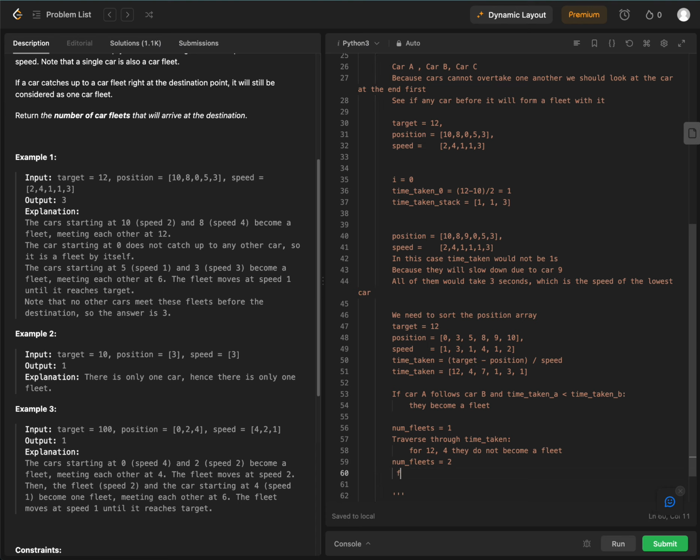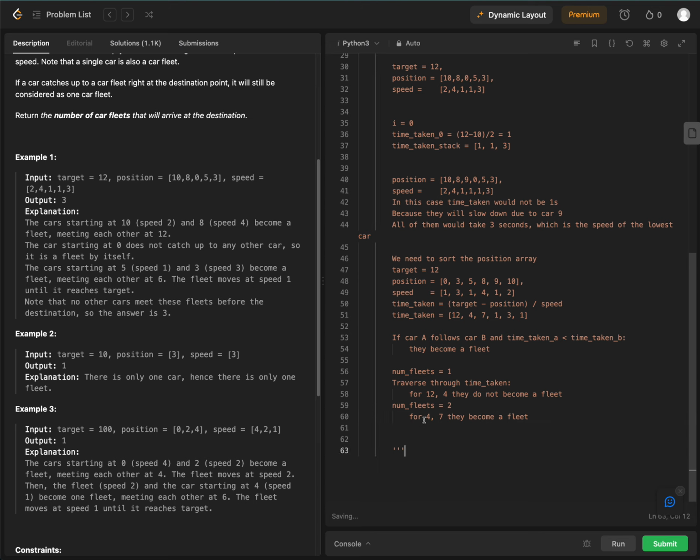So for 4, 7, they become a fleet. So my num fleets becomes minus 1 here.